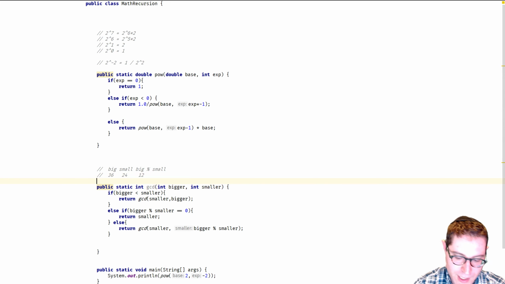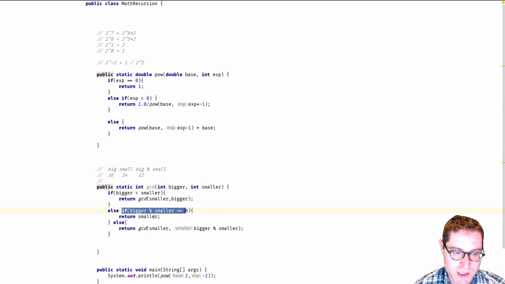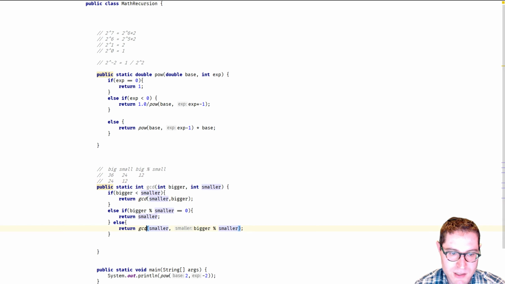Now we go on. This doesn't work, so instead we return smaller, bigger mod smaller. So 24 and 12. Is that evenly divisible? Yes, it is. So we're going to return small as our answer, and then this will return small as our answer.